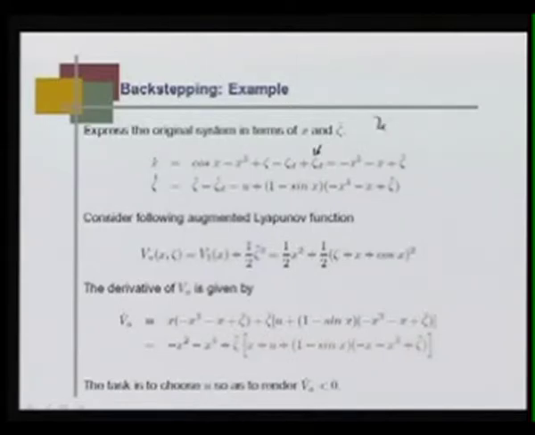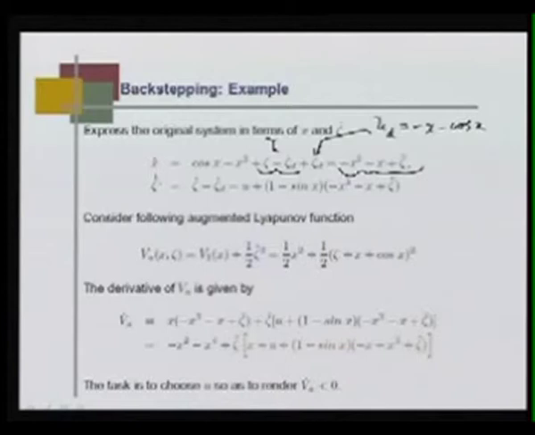We have already found that xi d is minus x minus cos x. So, if I introduce this xi d, cos x goes out. What is left is minus x cube, and this particular term is xi tilde. So, x dot in the new form is minus x cube minus x minus xi tilde.